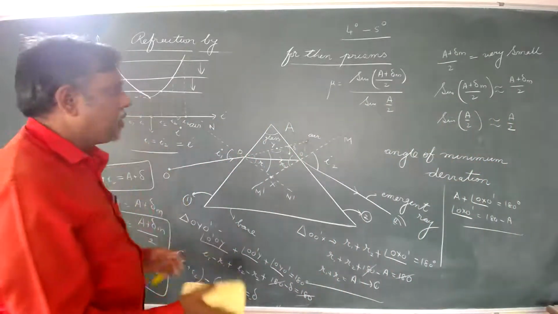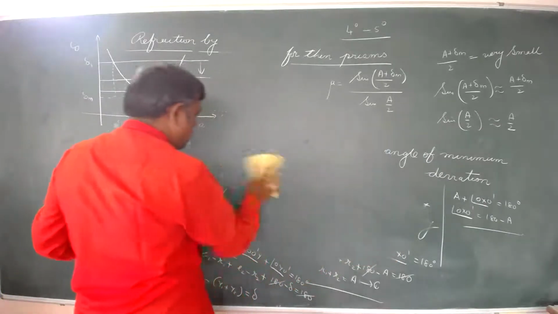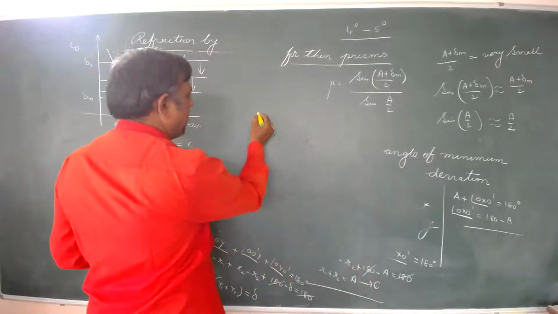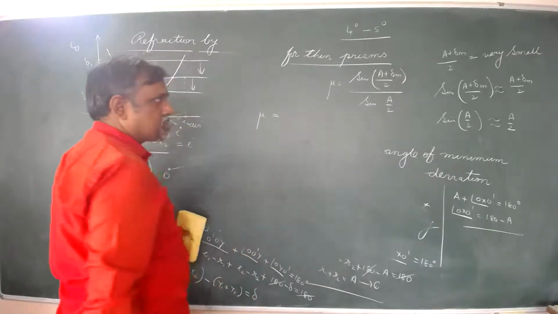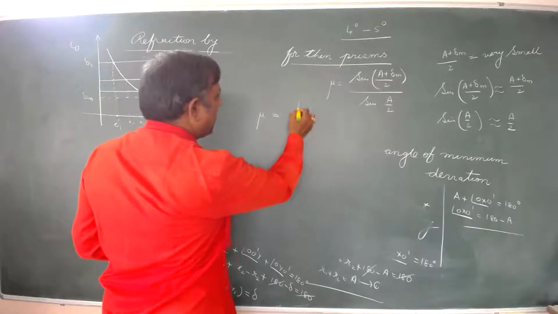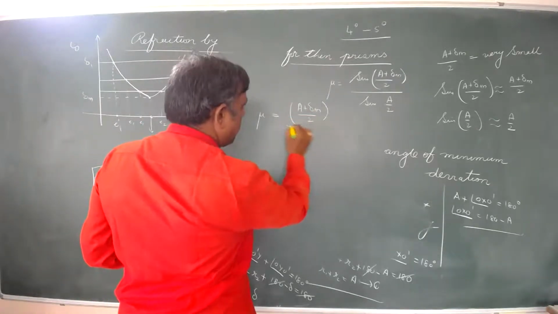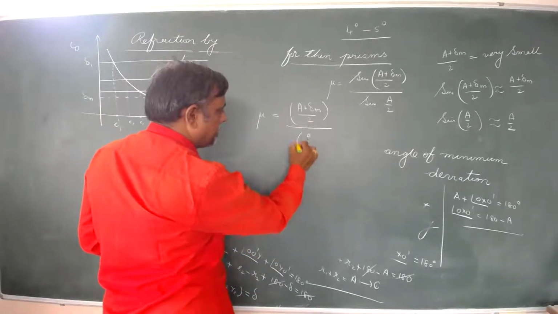Now, by keeping these values in the equation, the refractive index is equal to, in the place of sine of (A plus delta m) by 2, I will just write (A plus delta m) by 2, divided by, in the place of sine A by 2, just A by 2.